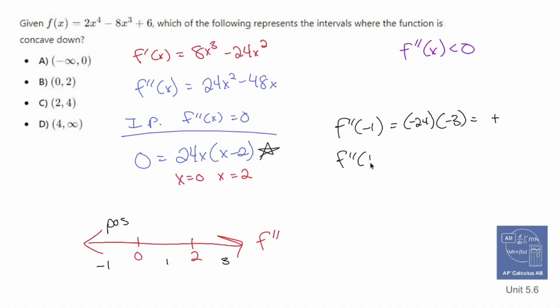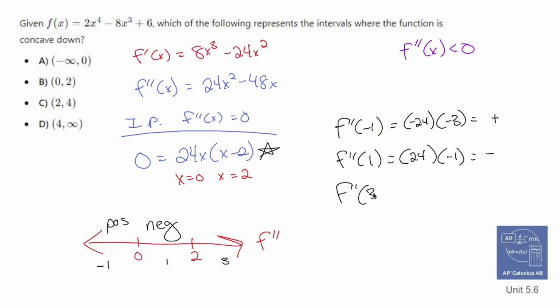F double prime of regular 1 is going to be 24 times 1, which is 24. And 1 minus 2, which is -1. 24 times -1 is -24, which is negative. So far, you are what I want, to quote a song from Grease.